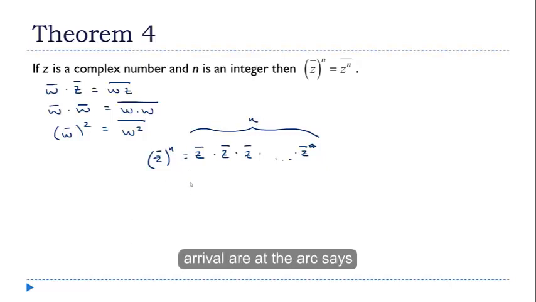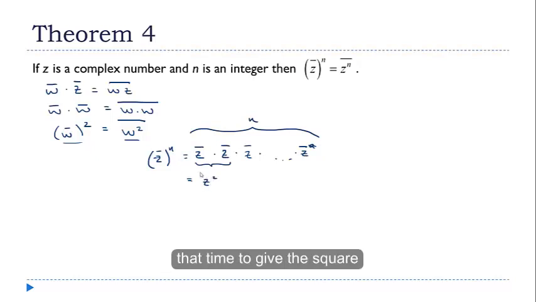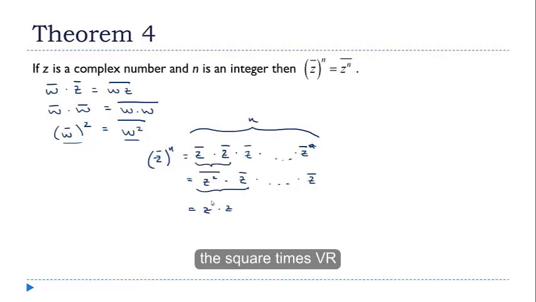Well, our theorem says that these two, looking over here, are equal to the conjugate of Z squared. And I still have all these other Z bars. Well, now I can combine these two together. And this is Z squared times Z bar.